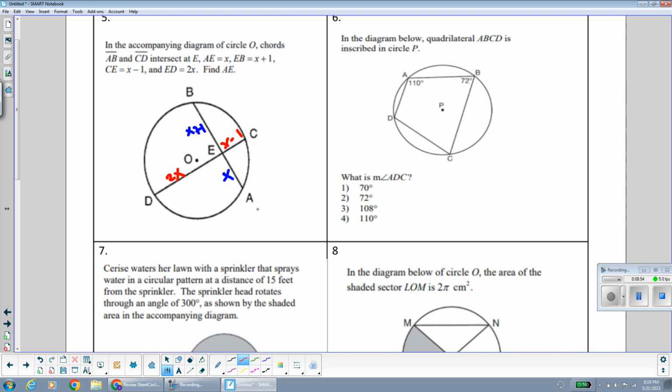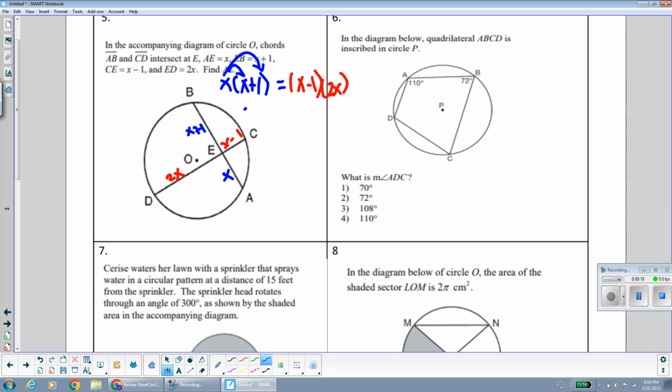And we need to find the length of AE. So remember, when we have intersecting chords, the part times the part of one chord equals the part times the part of the other chord. So this would be x times x plus 1 is equal to x minus 1 times 2x.